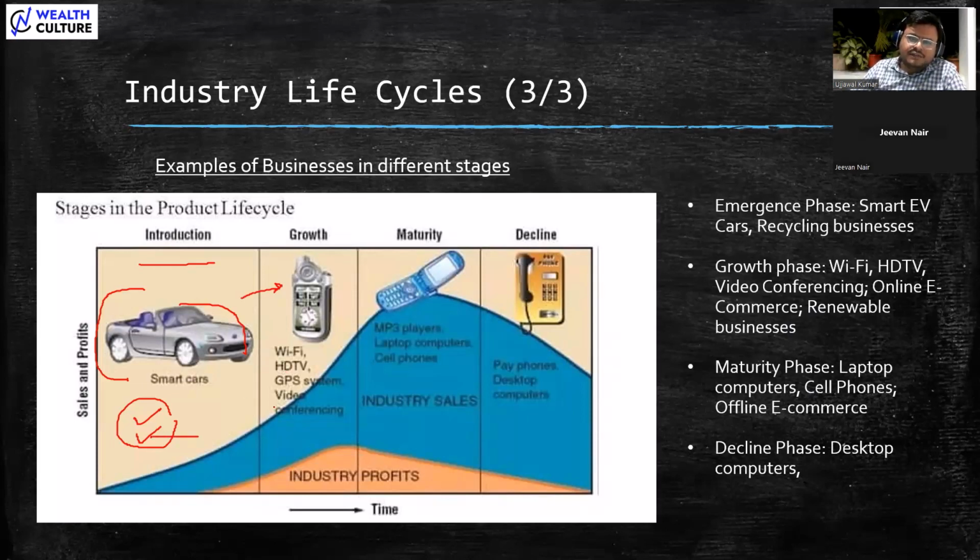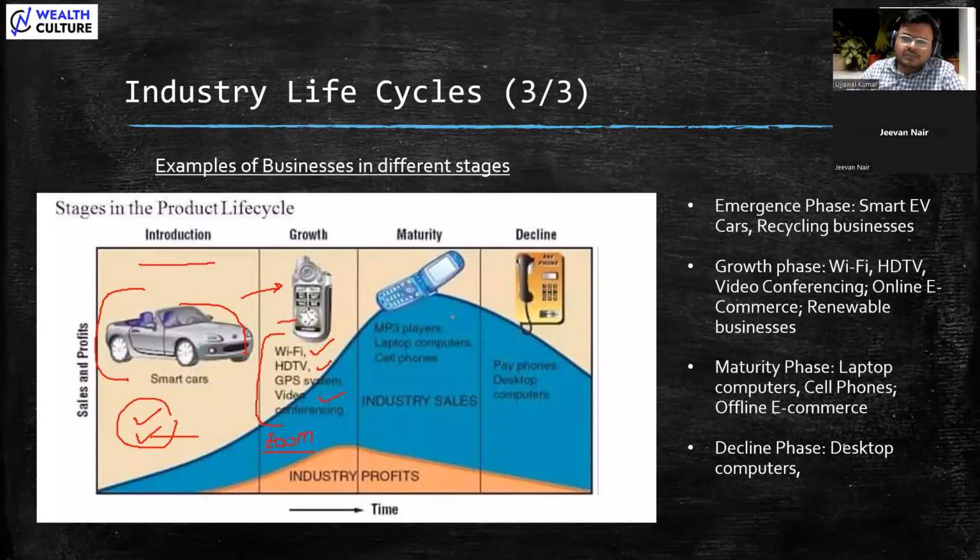Whereas technologies like Wi-Fi are fairly acceptable, you'll find it almost in every other home. HD television, video conferencing through mobile, all of these are fast growing. So companies like Zoom can come within the growth phase.